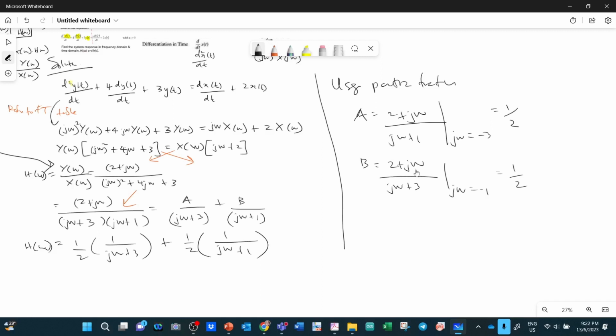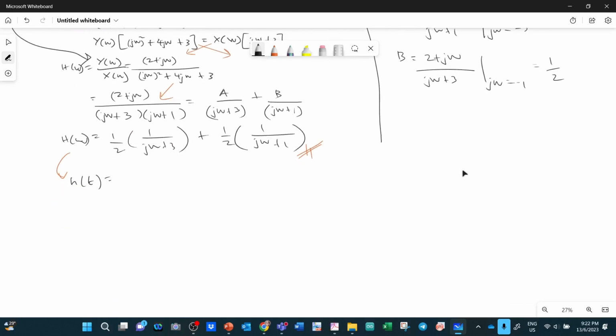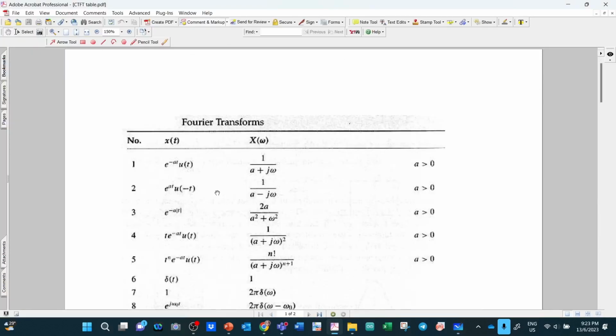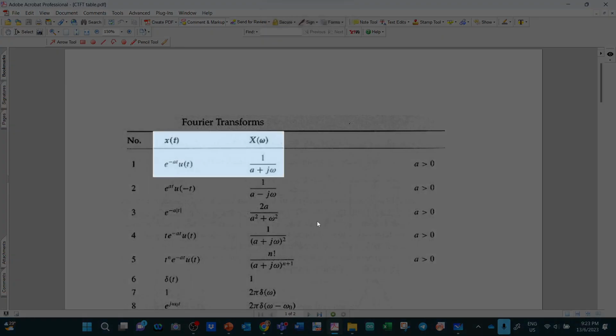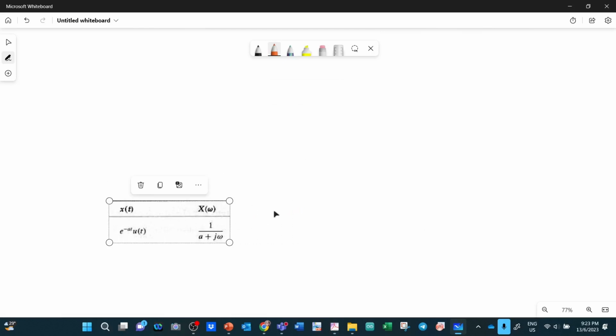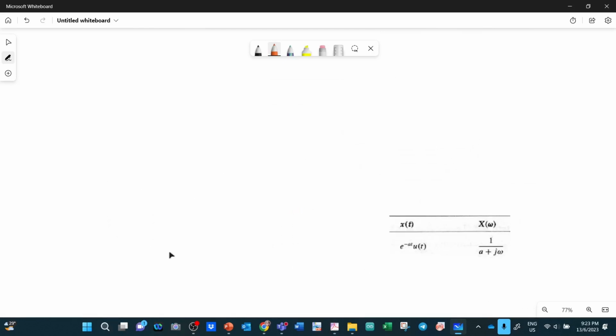The question also asks you to find, so this is the answer in frequency domain. Okay, so the question asks you to find in time domain. So using inverse Fourier transform, which is using this equation.